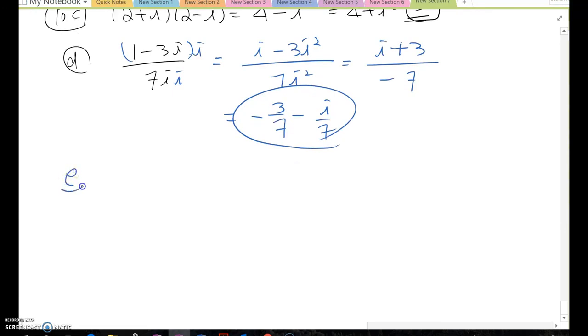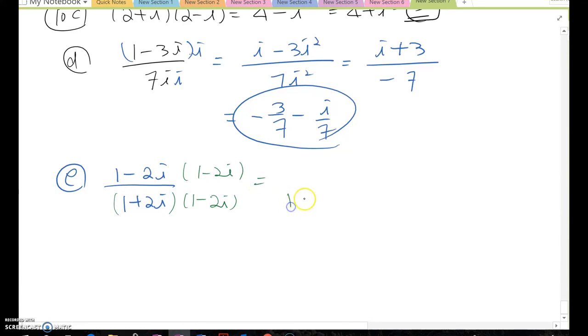Okay. The last one, E. So, E is 1 minus 2i over 1 plus 2i. Unlike D, it has a complex form in the denominator, which means you need to multiply by its conjugate. So, 1 minus 2i on top and 1 minus 2i on the bottom. The bottom becomes 1 minus 4i squared.